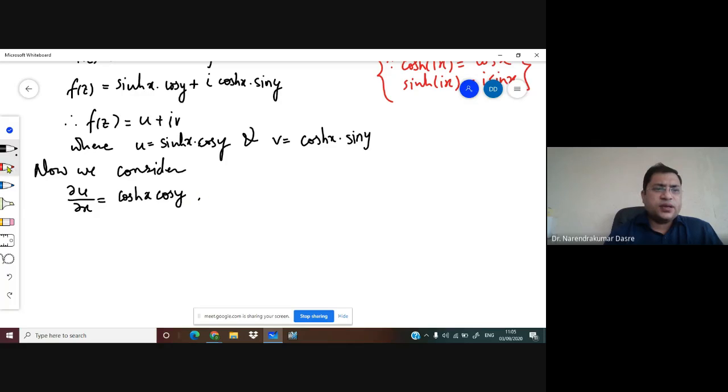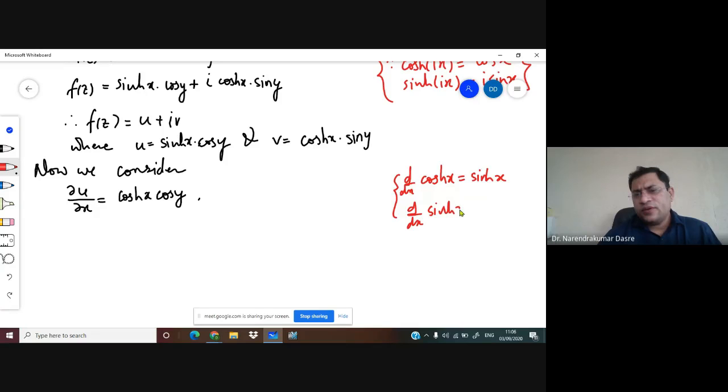Remember, the derivative of cos hyperbolic x is sine hyperbolic x, and the derivative of sine hyperbolic x is cos hyperbolic x. In hyperbolic functions we do not have a change of sign, so it remains the same. Only for the trigonometric functions we have to consider it.